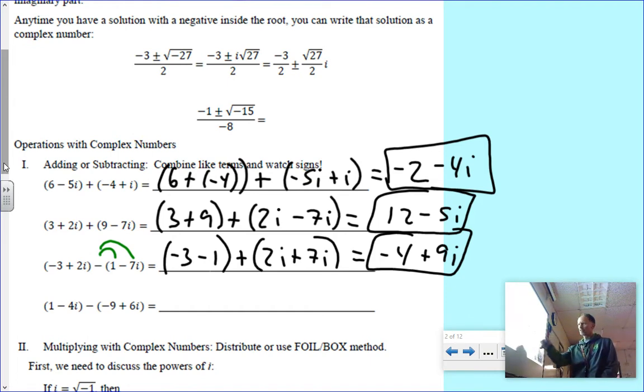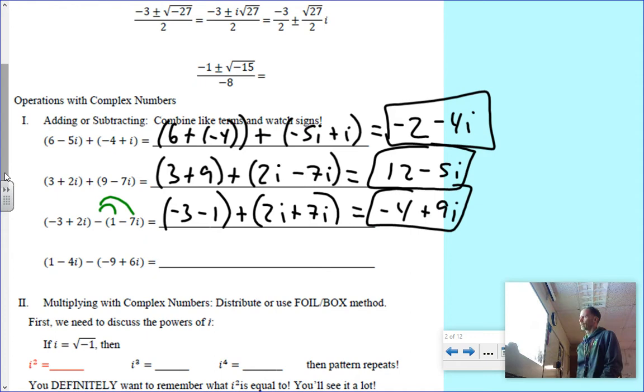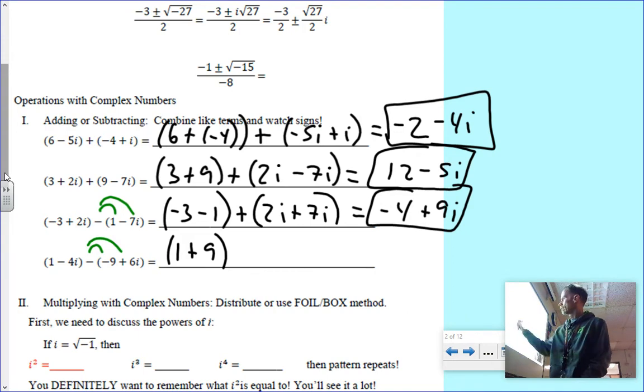So go ahead and pause the video real fast. See if you can do that last example by yourself, and then I'll run through the answer. Okay, so again, the first one stays the same, so it's going to be 1 plus 9, minus a negative. That negative sign is getting distributed.